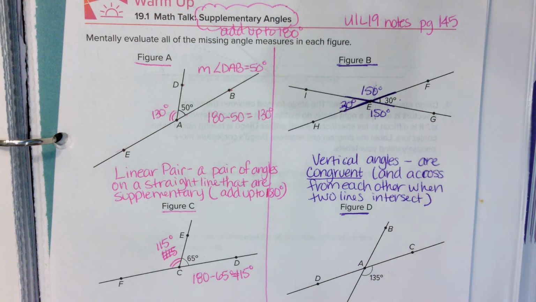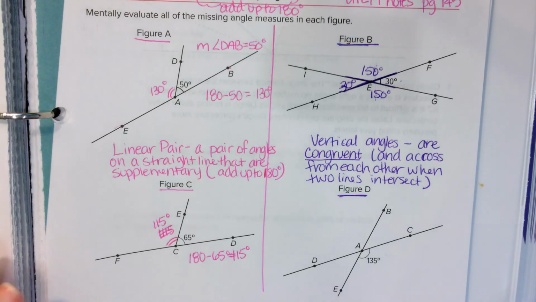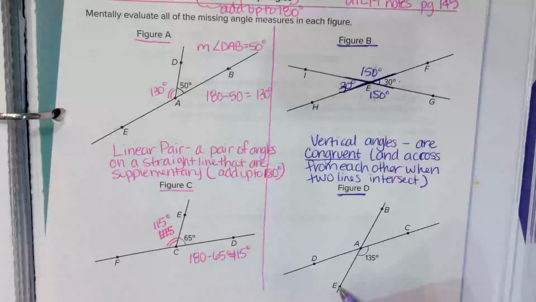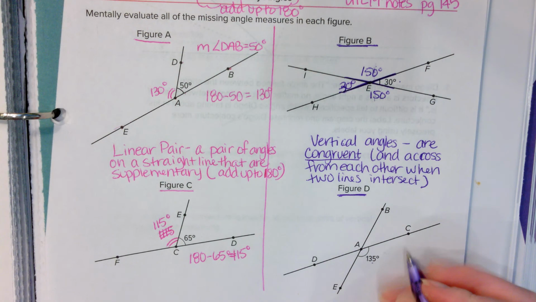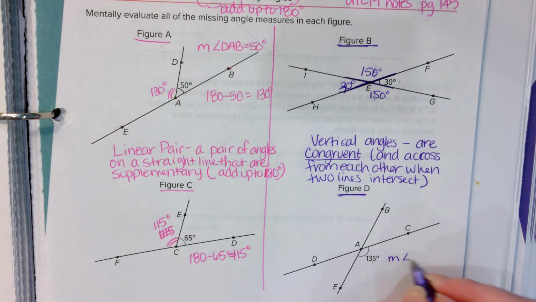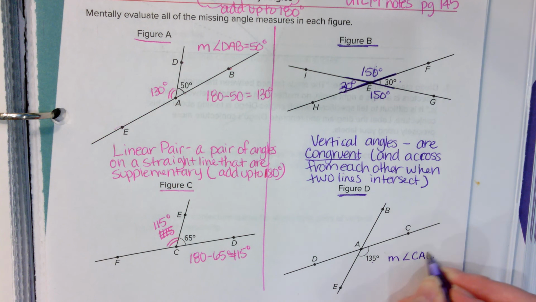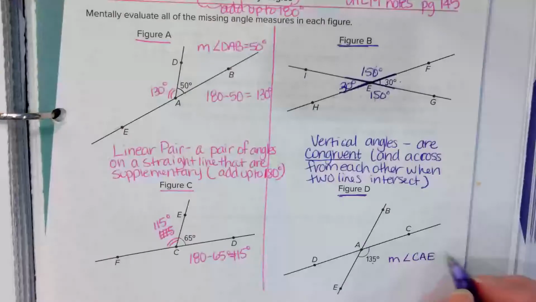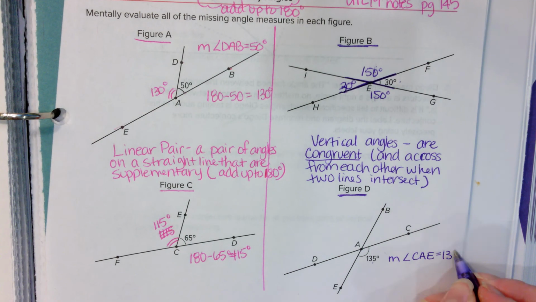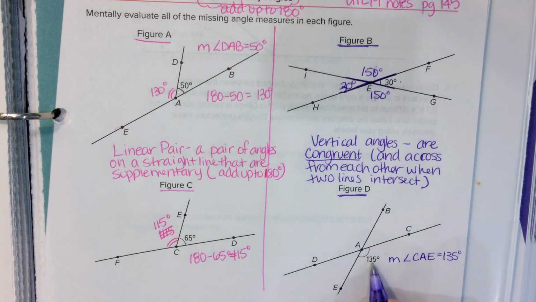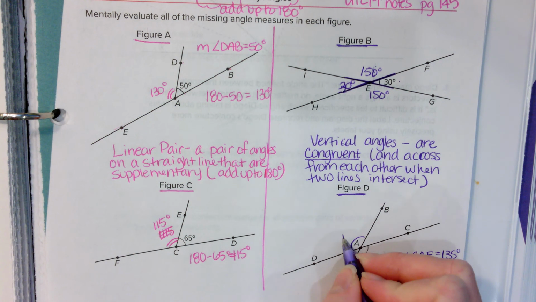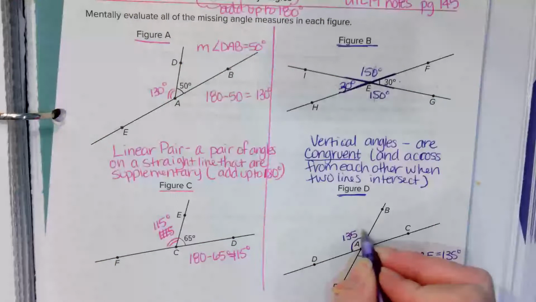So let's take a look at figure D. If I know that the measure of angle CAE is 135 degrees, you could have written the E first, EAC, but the A definitely has to be in the middle, then I know directly across from it is also an angle that's 135 degrees.